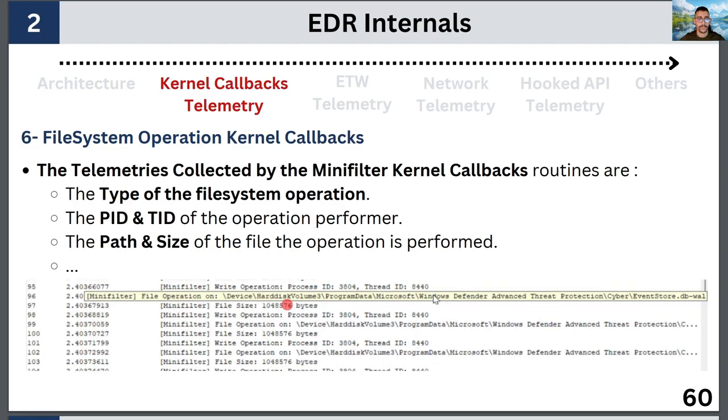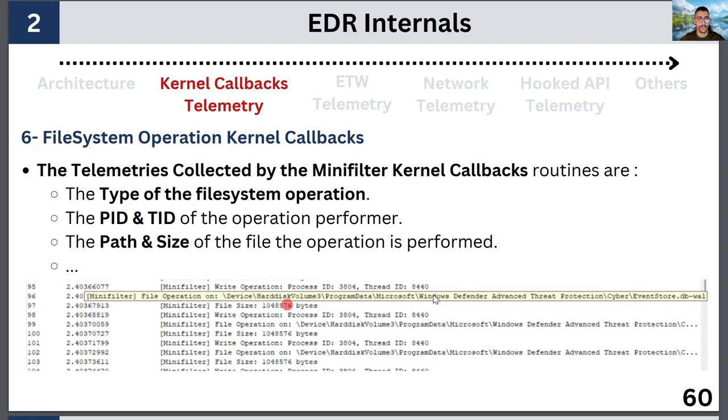Now let's take a look at file system operation kernel callbacks. Mini-filter kernel callbacks are low-level routines in the Windows kernel that are triggered whenever a file system operation occurs, like create, write, delete, or close on a file. These callbacks notify registered drivers about file system events, allowing them to monitor file operations and detect potential security threats.